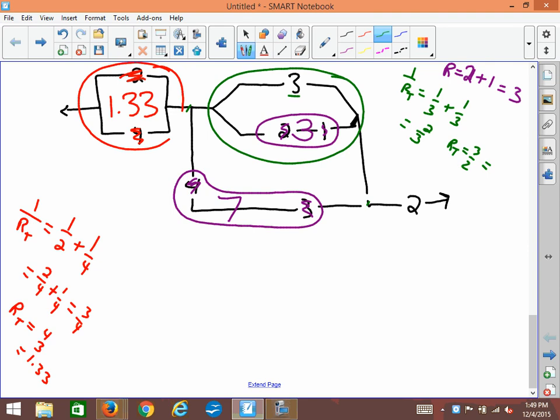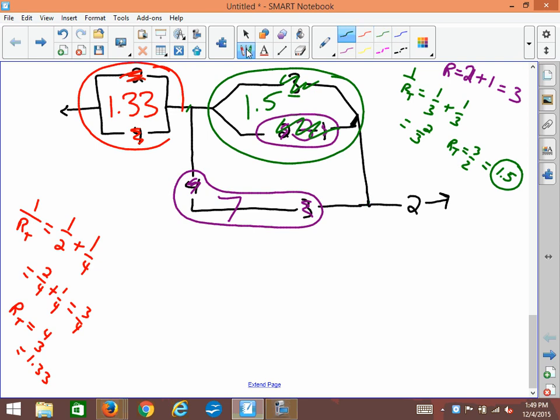Well, 3 halves is 1.5. So that's 1.5 ohms. So I can cross those numbers out and I can write 1.5 for that green section. Now, I suppose I could have done it all at once, but I'm doing it in steps because I don't want you to ever make a mistake, right?